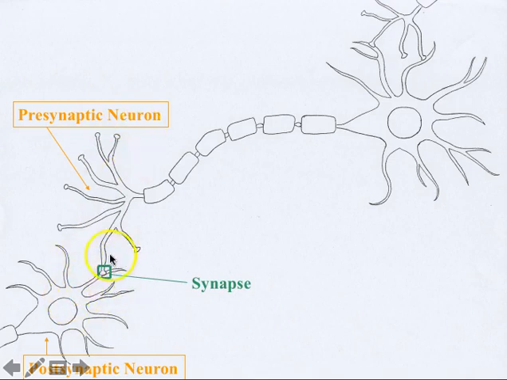You have the presynaptic neuron that's sending the message, and the postsynaptic neuron that's receiving the message. The message is coming down in this direction. Presynaptic means before and post means after, but only in reference to a particular synapse.